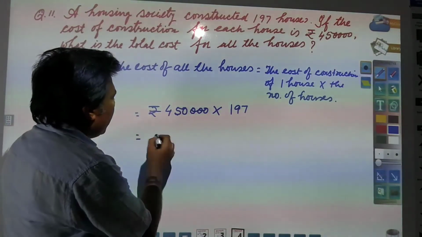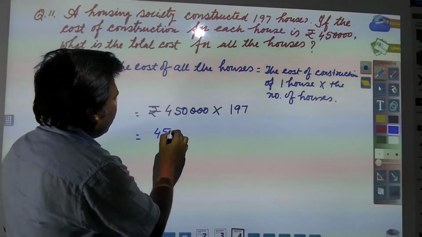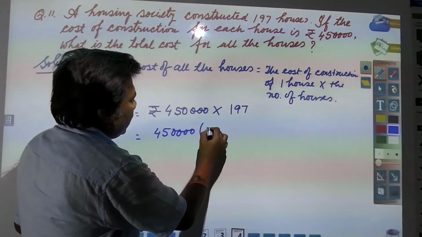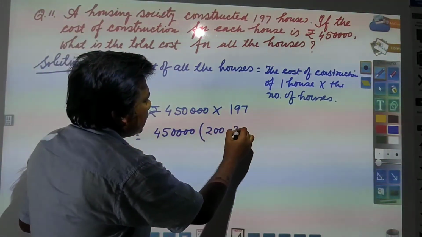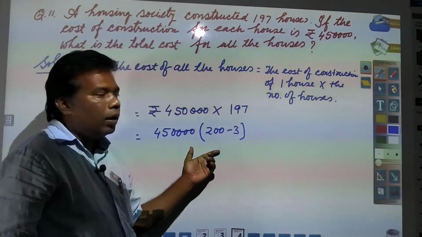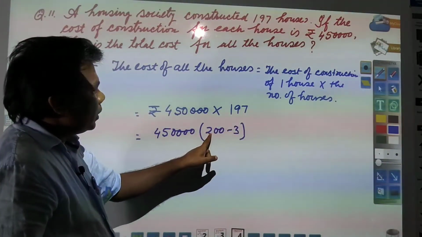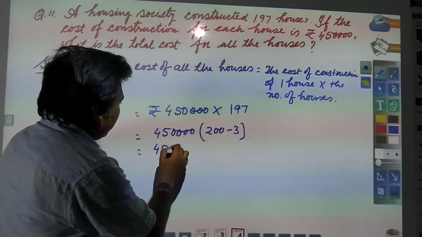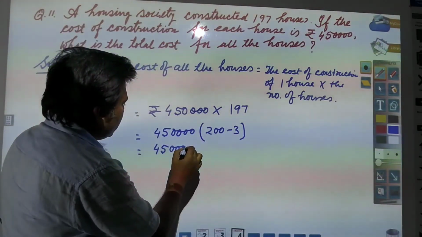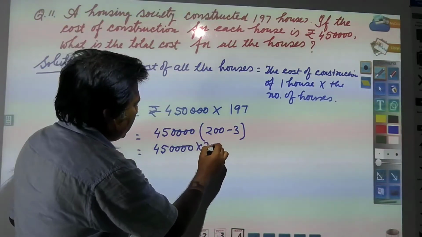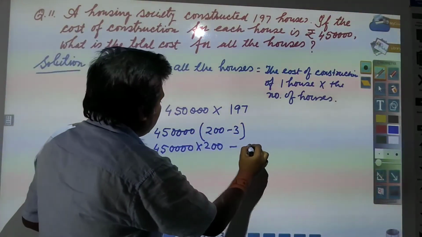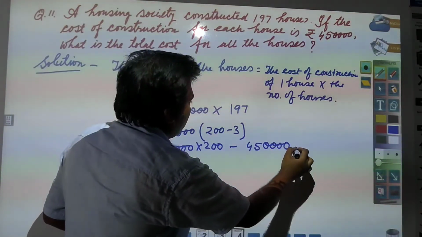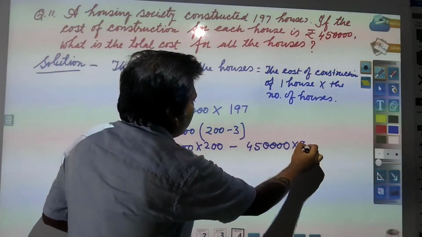Otherwise simply apply the distributive law. 4 5 and 4 zeros you have. 197 can be written as 200 minus 3. Now this will be 4 5 0 0 0 0 into 200 minus 4 5 0 0 0 0 into 3.